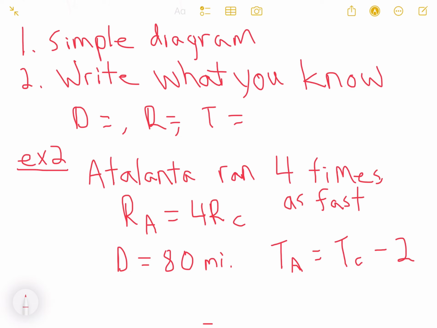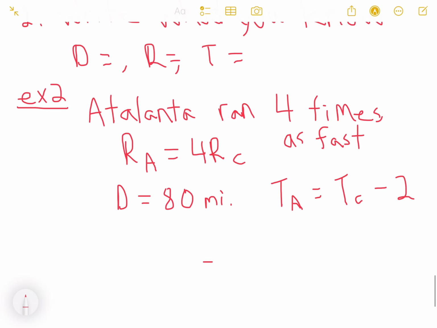Okay? And then what about her challenger? So we'll just call him Challenger. Maybe his name is even Challenger, okay? For Challenger, the distance we're given is 28 miles. Okay, so I can put 28 mi.